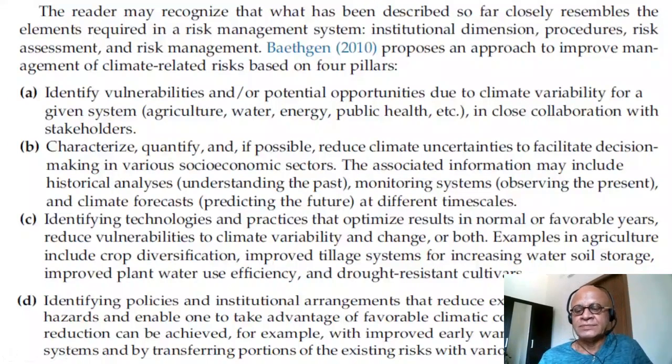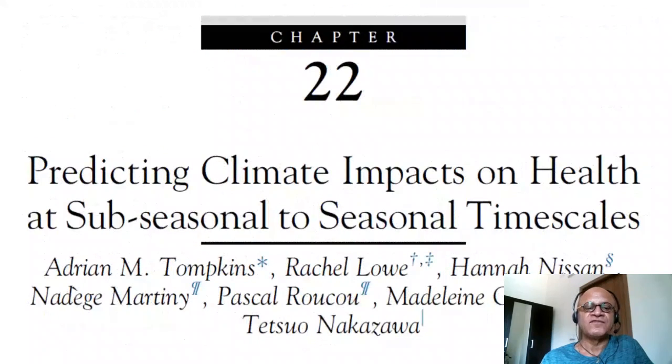So crop insurance can, for example, act as a very good tool for betting against risks and reducing vulnerability to the vagaries of climate, like extreme events, droughts, delayed monsoon onset, cyclones, and so on, right?